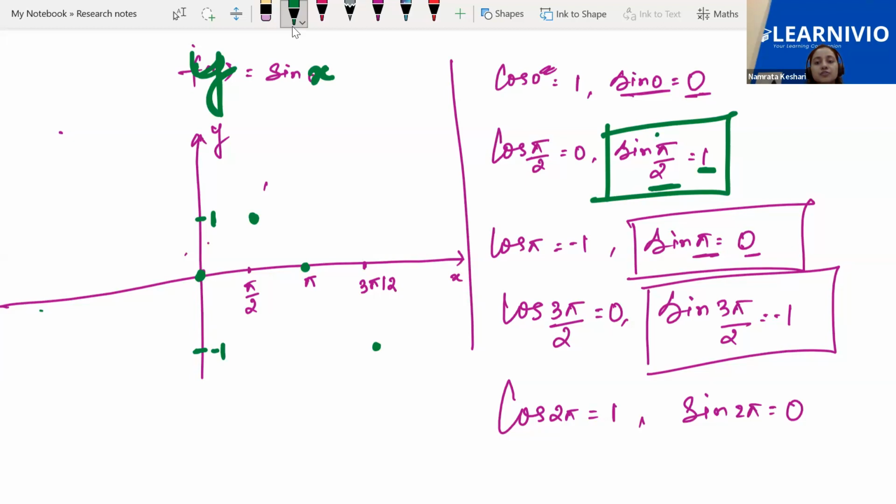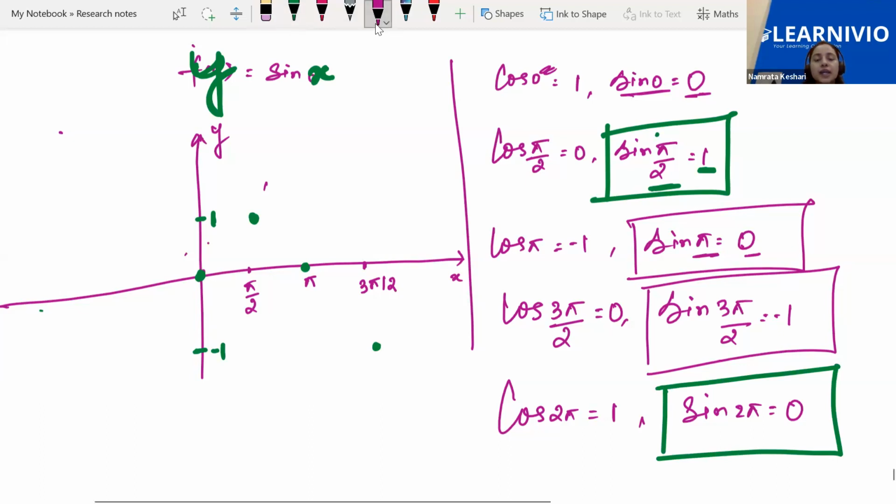Yes, ma'am. When x is 2 pi, sine 2 pi is 0, so y is 0. Let's join all the green points.